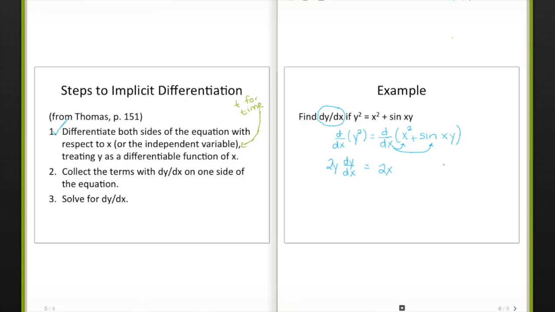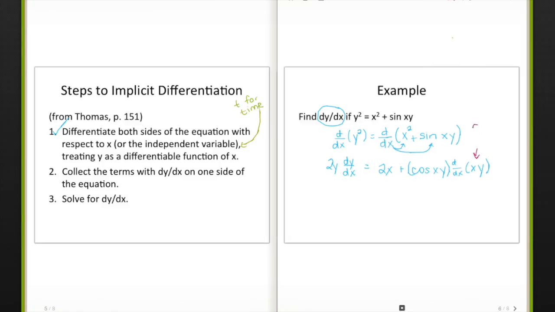On the other side, we have to remember to distribute this operation. The derivative of x squared is 2x. And then we have to take the derivative of sine xy, which would be cosine xy. Oh, but it's the chain rule, so we have to take the derivative of the inside as well. So cosine xy times the derivative of xy.